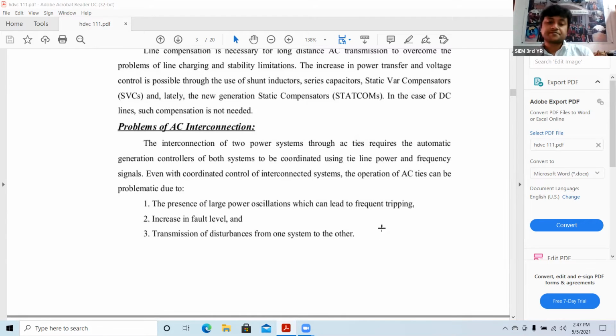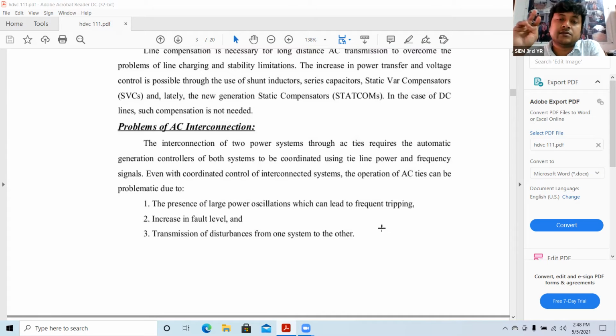So see, in case of AC lines, what happens? If I consider about a 50 kilometer distance, if you increase the line, then obviously there will be a fault. And another thing, suppose there is a fault in a single transformer, then the entire line is not in working condition.